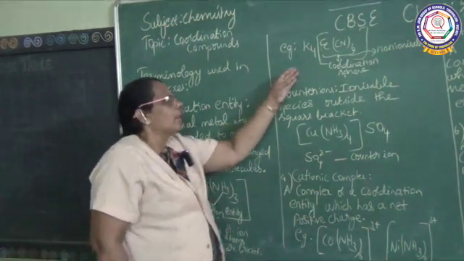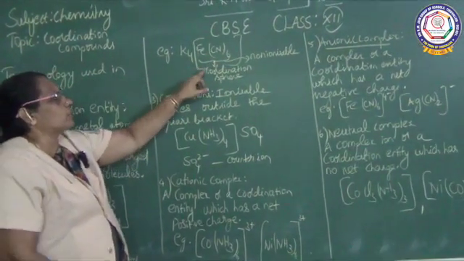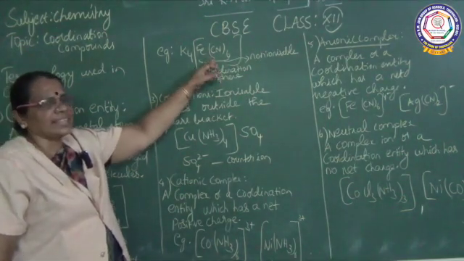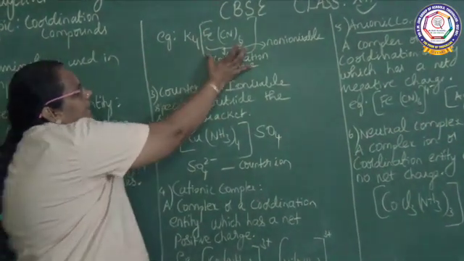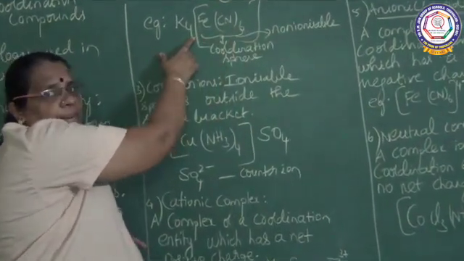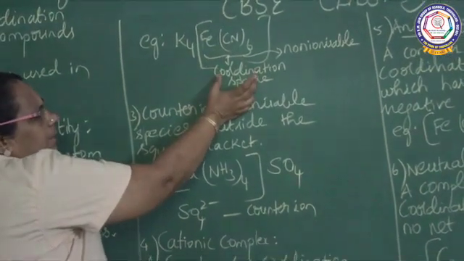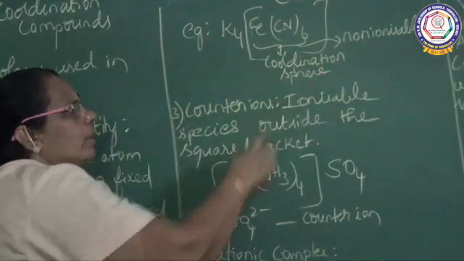For example, potassium ferrocyanide. Here in the square bracket, iron is bonded with 6 cyanide groups. So here we can call this the coordination sphere, that is the central metal ion bonded by a fixed number of ligands.